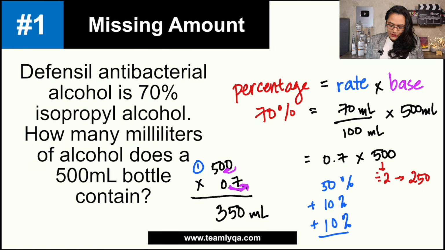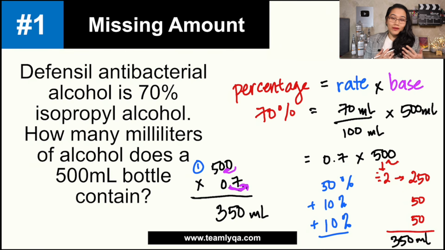Tapos, yung 10% naman niya, ang gagawin ko lang, kukunin ko lang siya from the right side, yung decimal place, i-move ko ng isang beses pabalik or paurong. So, that would be 50 plus another 50. Tapos, i-add ko lang siya. So, again, kumpleto na yung 50%, 10%, 10%. Lalabas na ngayon yung sagot natin which is 350 ml.